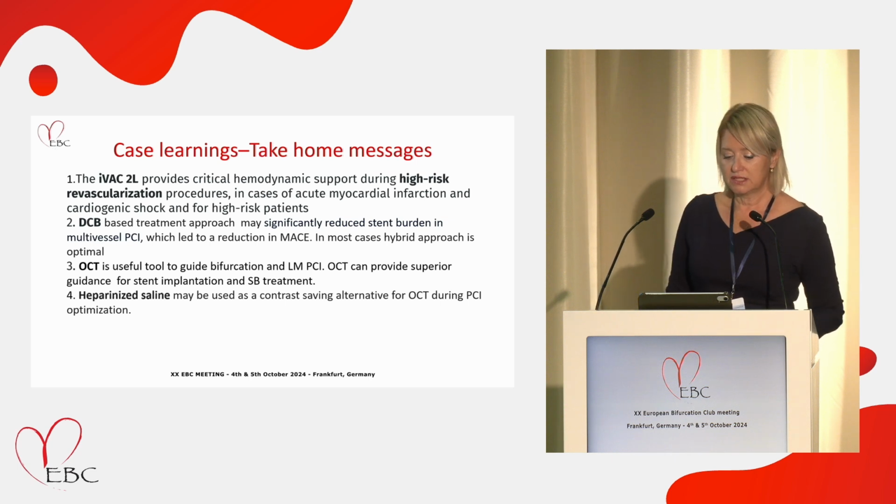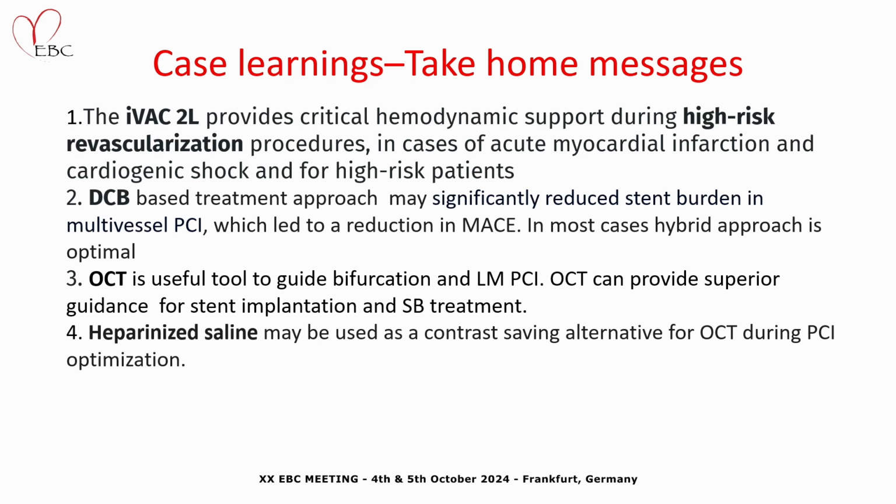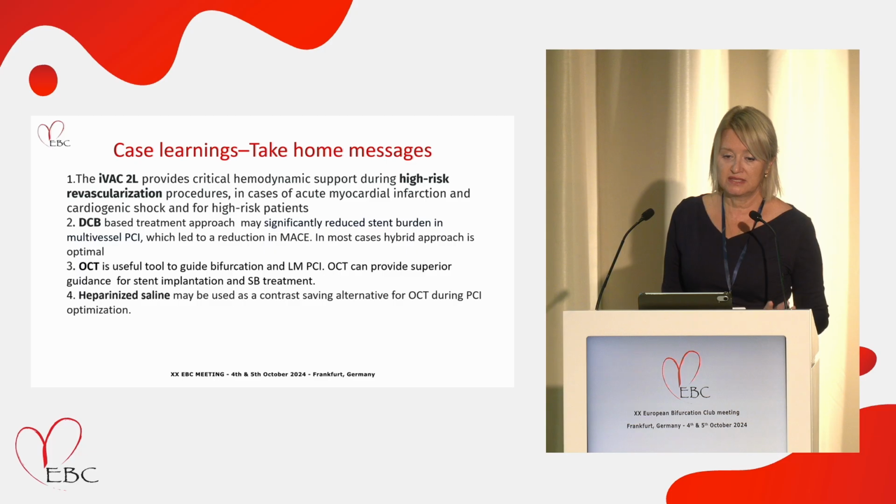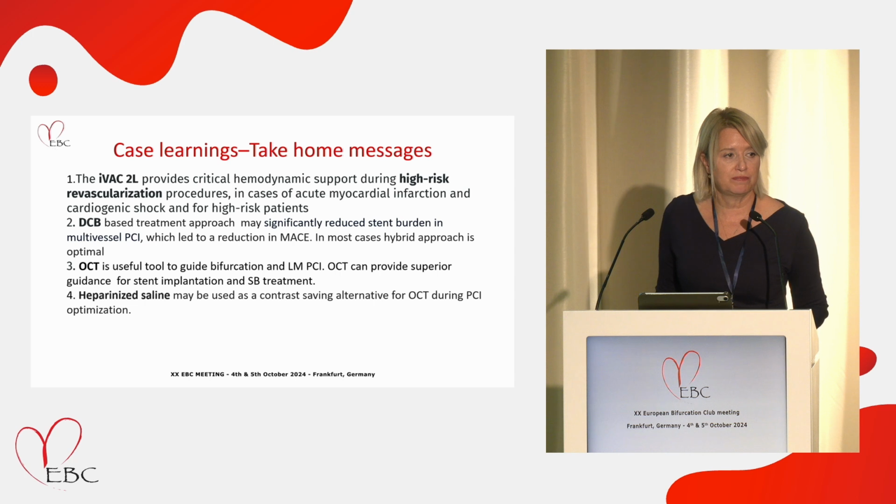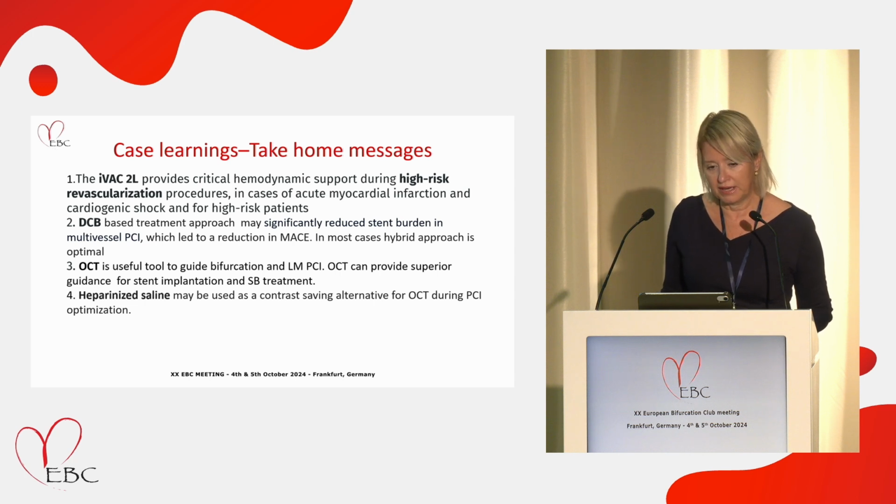So what are the case learnings? That IVAC is good. It gives us no more than 2 liters, maybe 1.8. I think that is the optimum that IVAC can give us. It needs about 17 French, which means that it is quite a robust tool, but it is much cheaper than Impella.